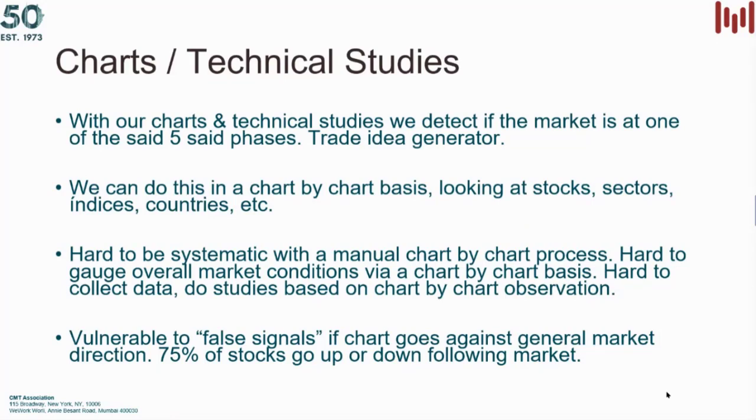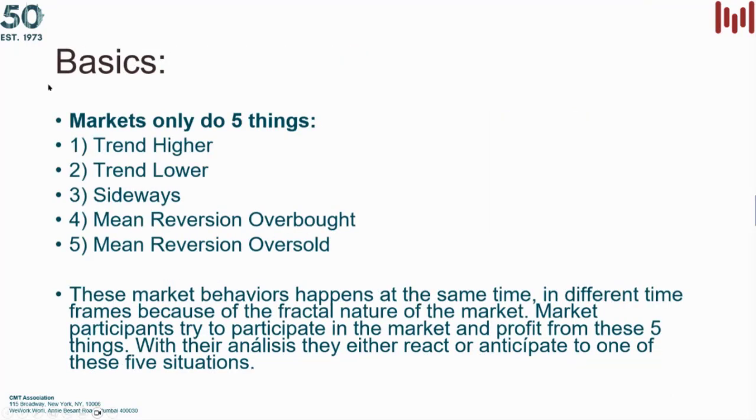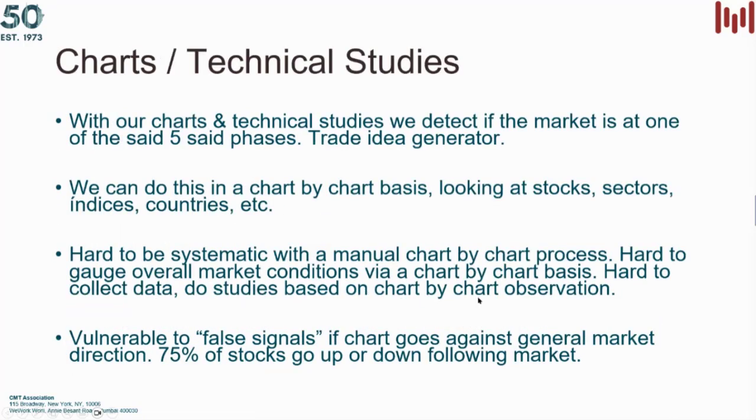And also, if you don't have a gauge of how the general market is behaving, is it trending higher, lower, sideways, in reversion, if you don't have a general understanding of the macro situation of the market, you're going to be vulnerable, I think, to a lot of false signals.